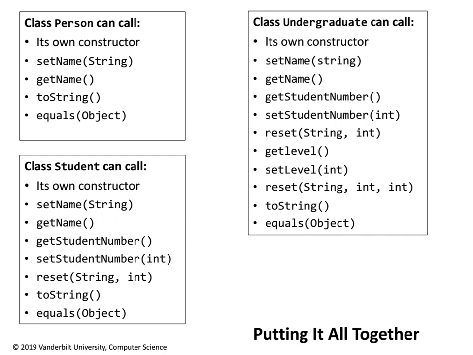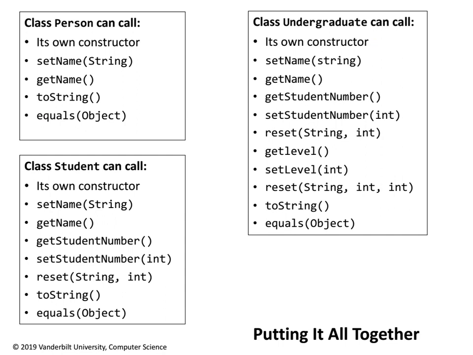However, remember, toString and equals both override the toString and equals methods defined in person. So we can still use the super keyword to call the toString method and the equals method, which are part of the person class.